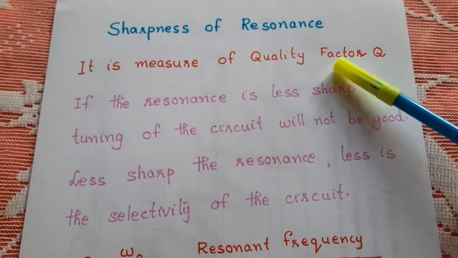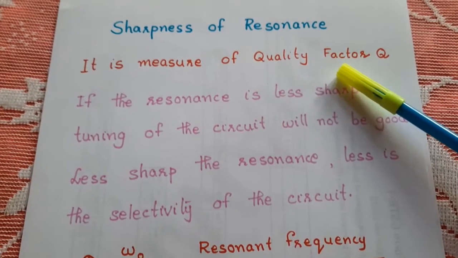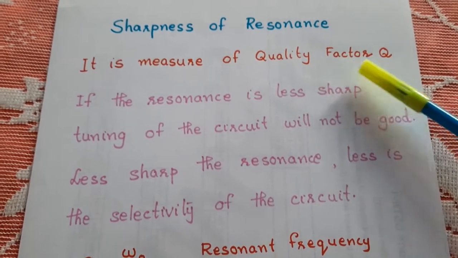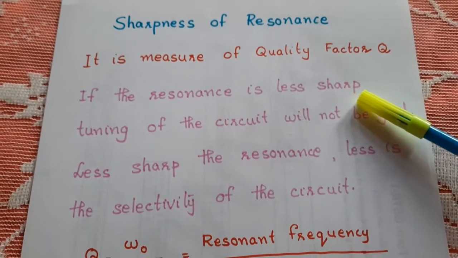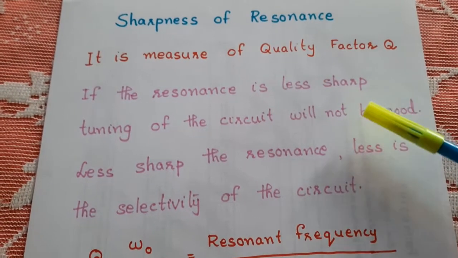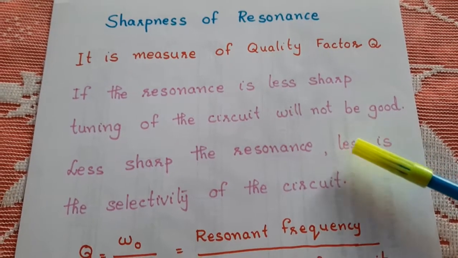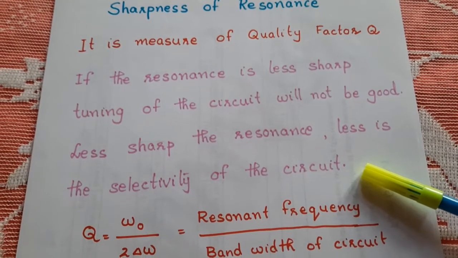Now let us see the sharpness of resonance. It is a measure of the quality factor. Quality factor is denoted by Q. If the resonance is less sharp, the tuning of the circuit will not be good. Less sharp the resonance, less is the selectivity of the circuit.